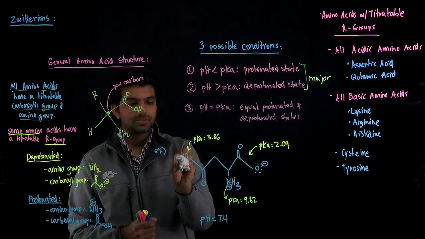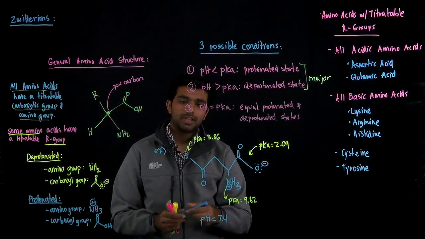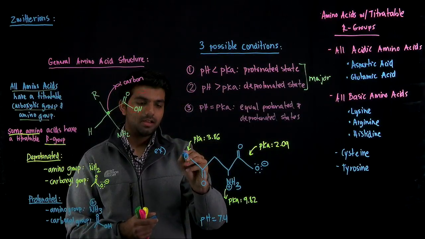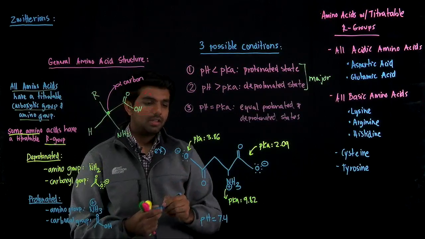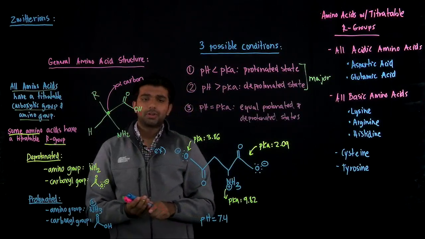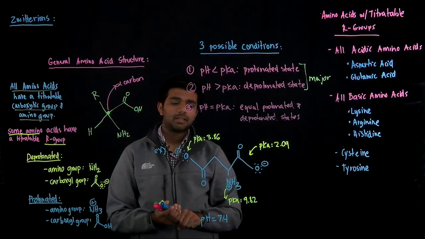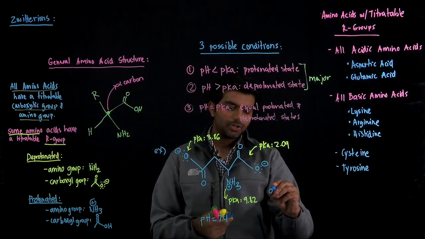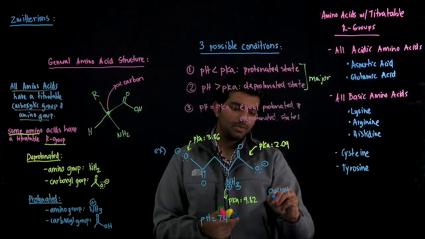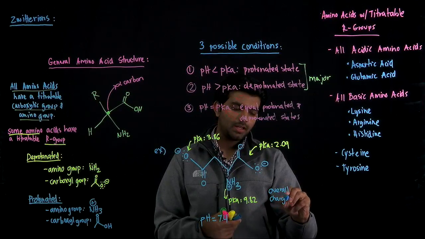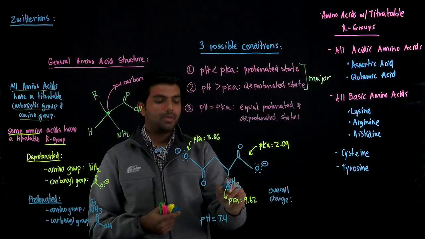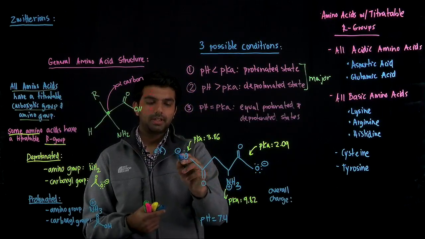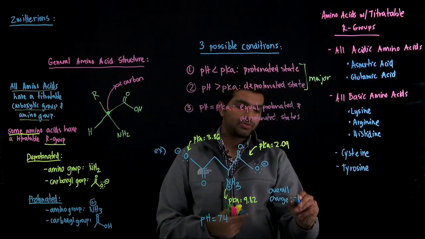The R group is going to lose its hydrogen and gain a negative charge. This would be our overall Zwitterion for aspartic acid at the pH of 7.4. To calculate the overall charge of the molecule, we just add up the charges. We've got a -1, a +1, those two cancel out, and then you end up with a negative, so the overall charge would be -1.